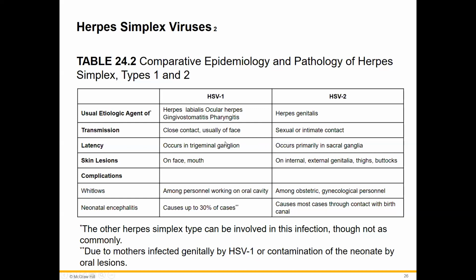Latency can occur in trigeminal ganglia for HSV1 or sacral ganglia for HSV2, but it depends on where they're infected. If you have an HSV infection of the oral mucosa, it's going to hang out latent in your trigeminal ganglia. So it really depends on where that infection is actually occurring as to where the latency will occur.